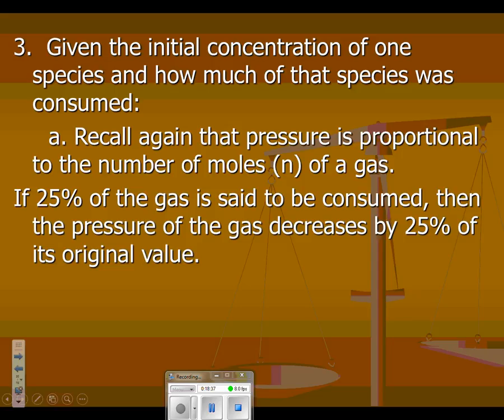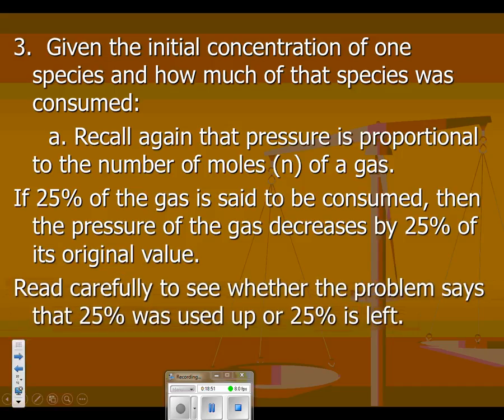They might say 25% is consumed, or they might say 25% is left. So you need to make sure you understand what is going on. One would be 75, and one would be 25. So read carefully to see if it was 25% used or 25% left. That changes things a lot, right?